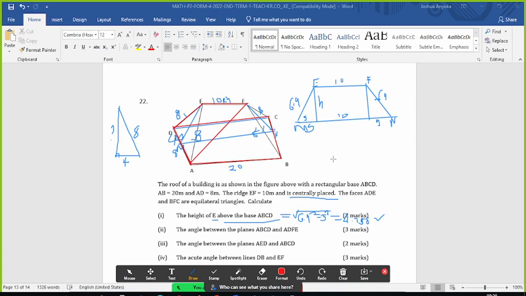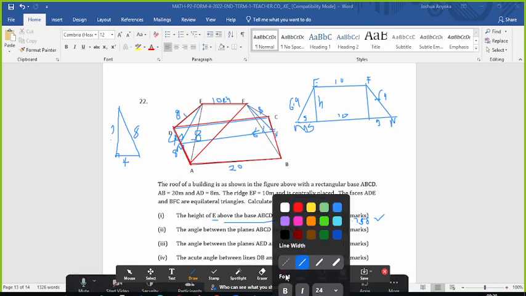After identifying the common line, drop a perpendicular, one on each plane. You draw two lines, one on each plane, and they must meet the common line at a right angle.